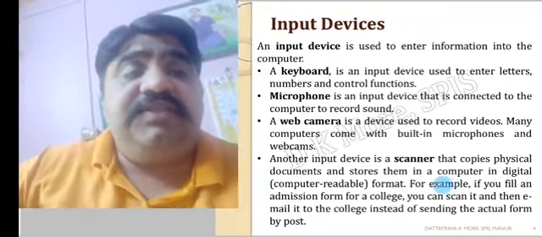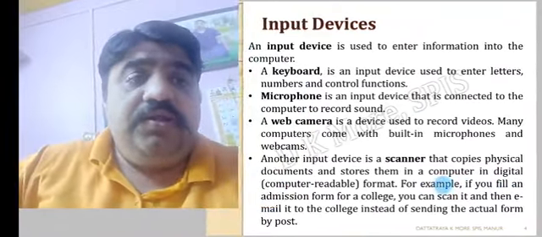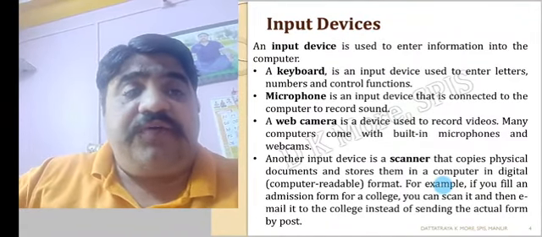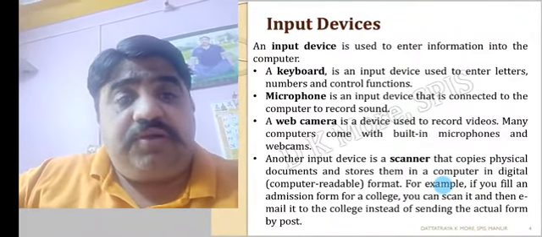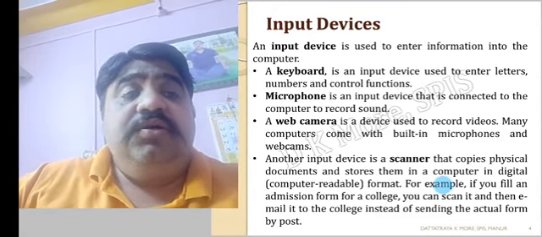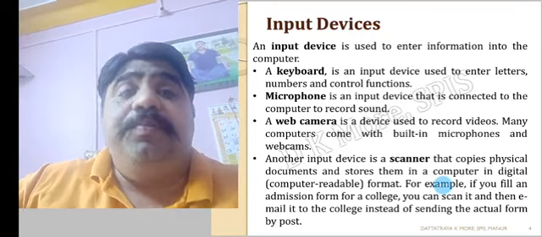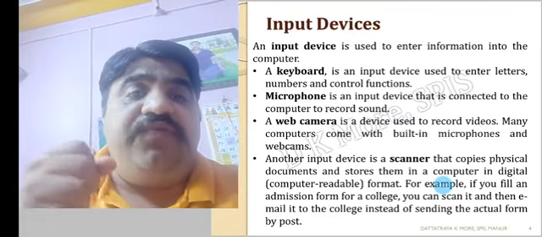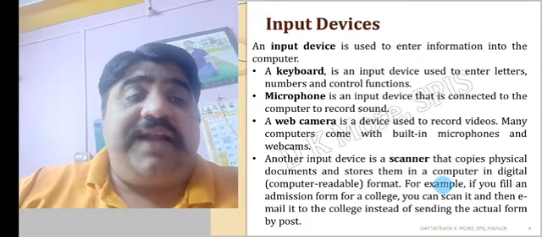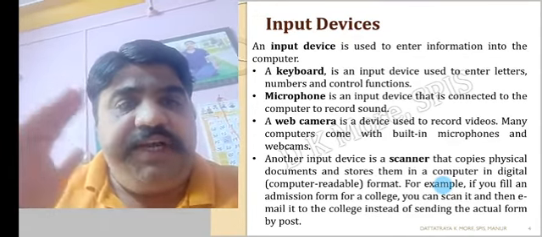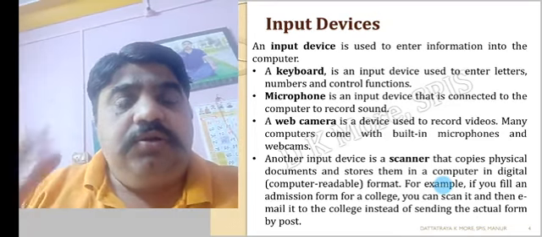Another input device is a scanner. The scanner copies physical documents like a photograph, any text, a page of any book, magazine, etc., and stores them in a computer in digital, that is computer readable format, that can be carried from one place to another through pen drive, CD, DVD, or in your mobile also.